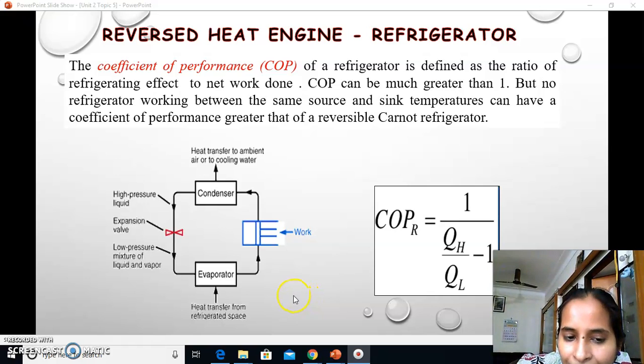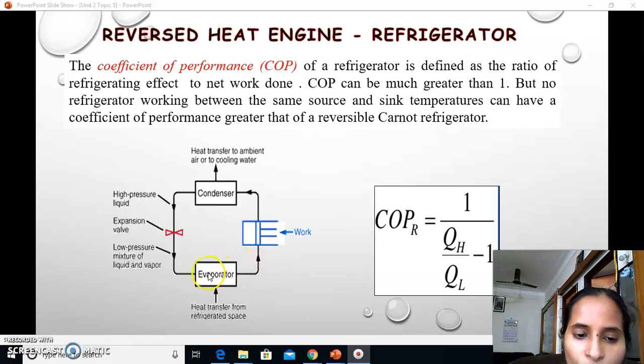Please understand, here you are keeping your apple and you want to maintain it at a lower temperature compared to the atmospheric temperature. For this transmission, if you want to take heat from the lower temperature and give it to the higher temperature, we need a supply from an outside or external source.